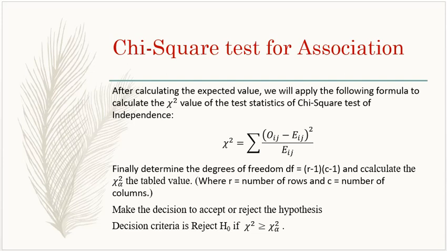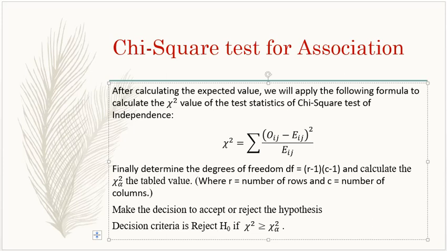To make a decision, we have to calculate the critical value, chi-squared alpha, which has to be obtained from the table, for which we require the degrees of freedom. Here the degrees of freedom is given by (r minus 1) into (c minus 1), where R is the number of rows in the given contingency table, and C is the number of columns.